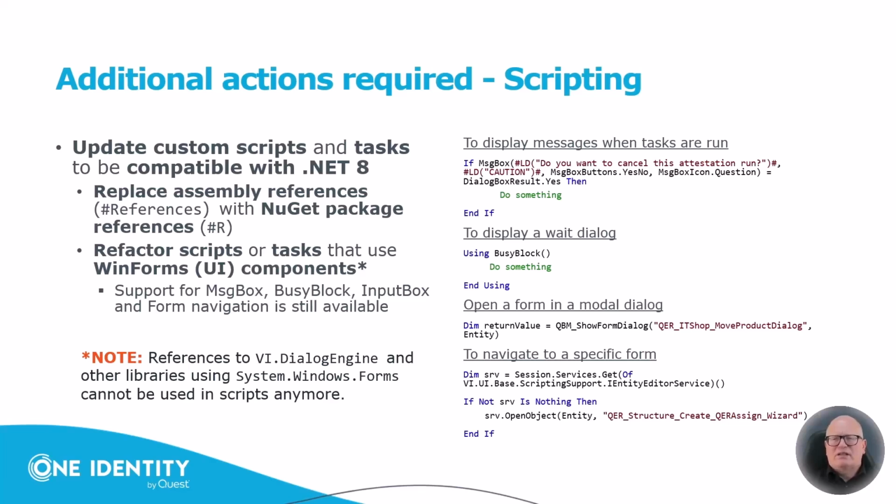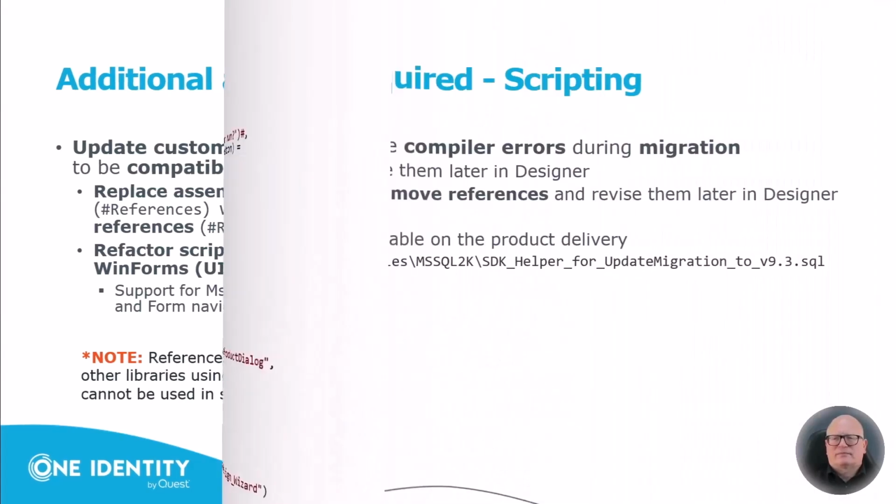You have now to build DLLs, and these DLLs need to be uploaded to the systems as well. However, anything much easier, like for example busy blocks or message boxes, is something that could be used again, but in a little bit different wording than before. You see examples again on the right side.